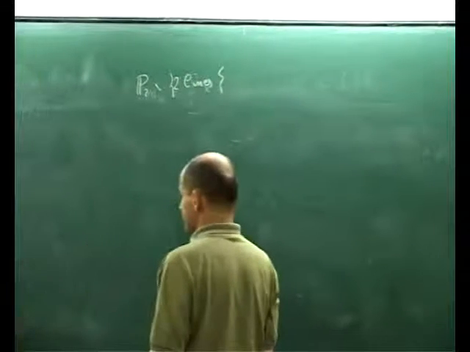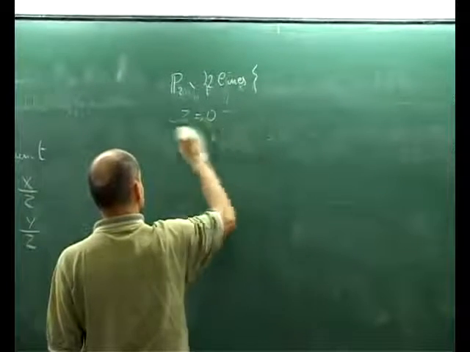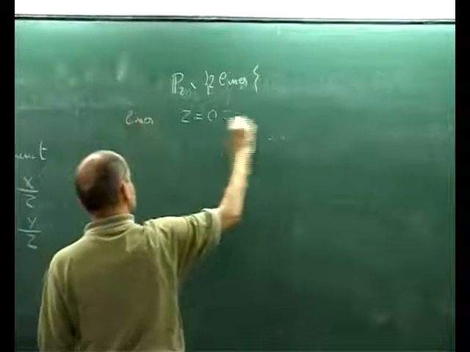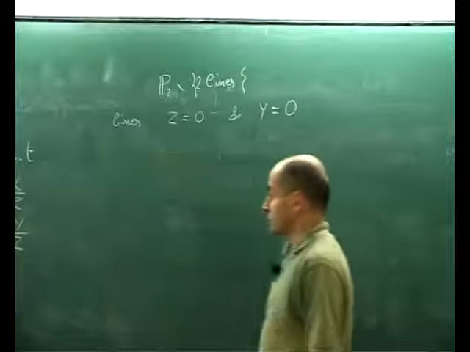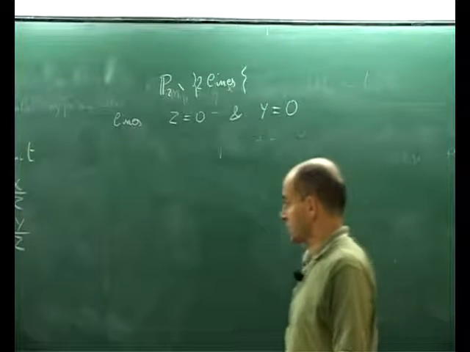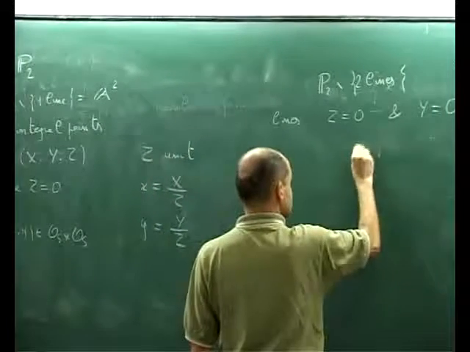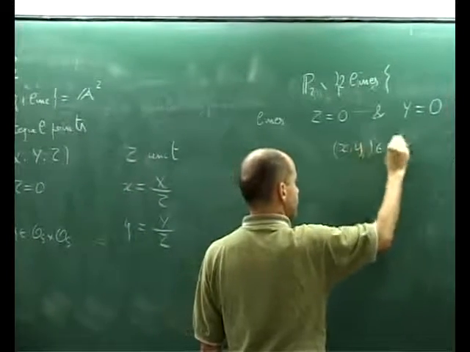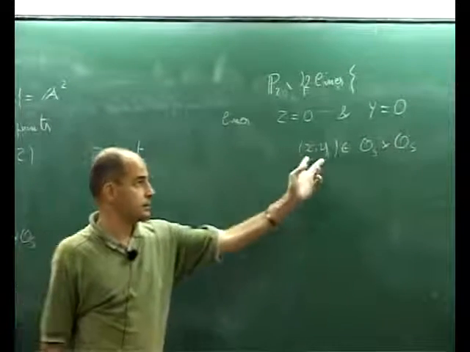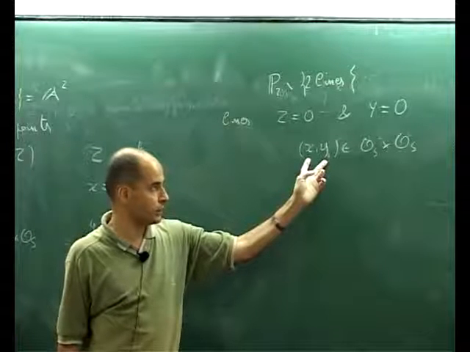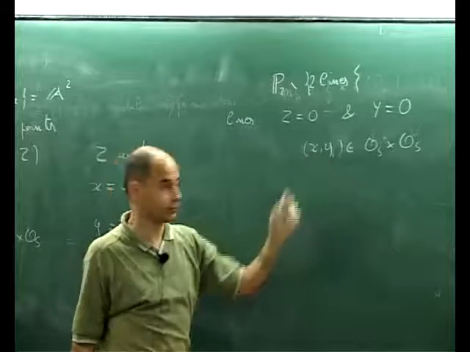You can choose coordinates such that the line is z equals 0, and so for instance y equals 0. So we have to consider the pairs of integers x, y such that the point x, y never reduces to the line y equals 0.